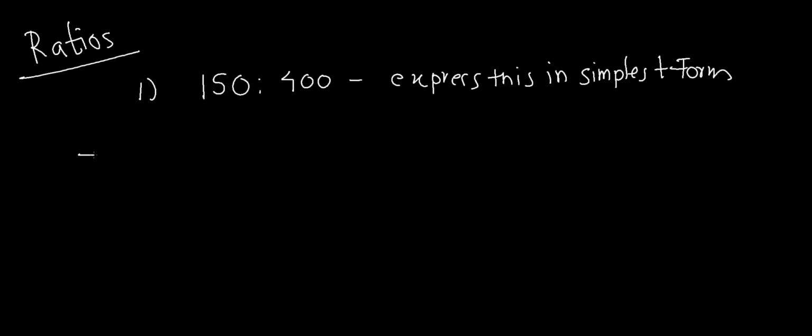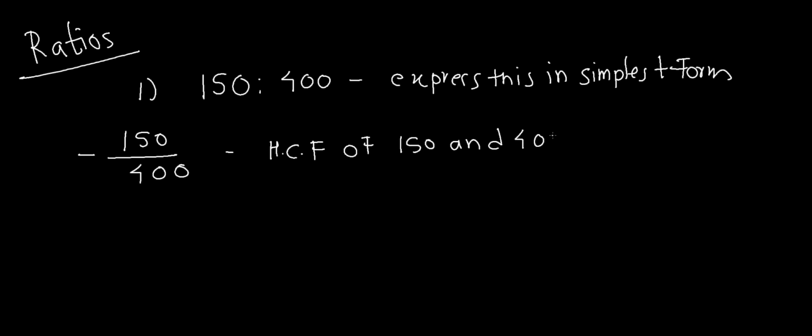So first we'll make the ratio into a fraction, that is 150 by 400. Now to express it in simplest form, we first need to find out the HCF of 150 and 400.